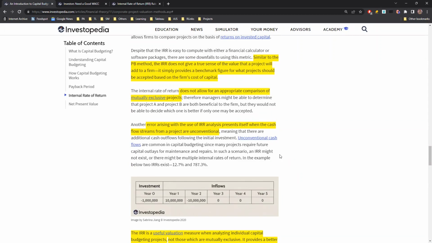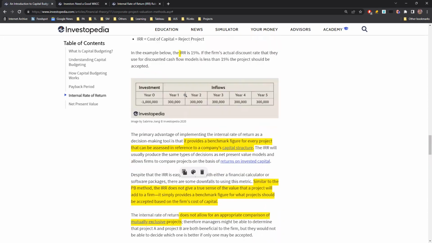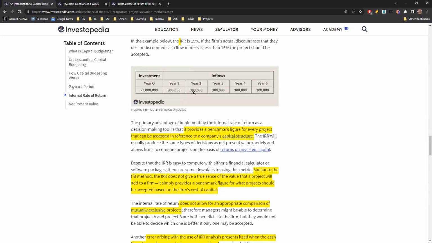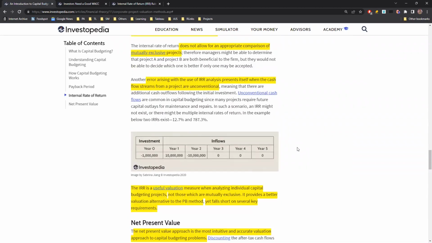It will further run into a few more complications when your cash flow is not as simple as this one. Here we have a simple cash flow where we invest at time 0 and get a fixed amount in the following periods, but usually that will not be the case. As Chaitanya was also talking about earlier, you may have to reinvest amounts at regular periods again, and you will not necessarily get the same amounts every time.